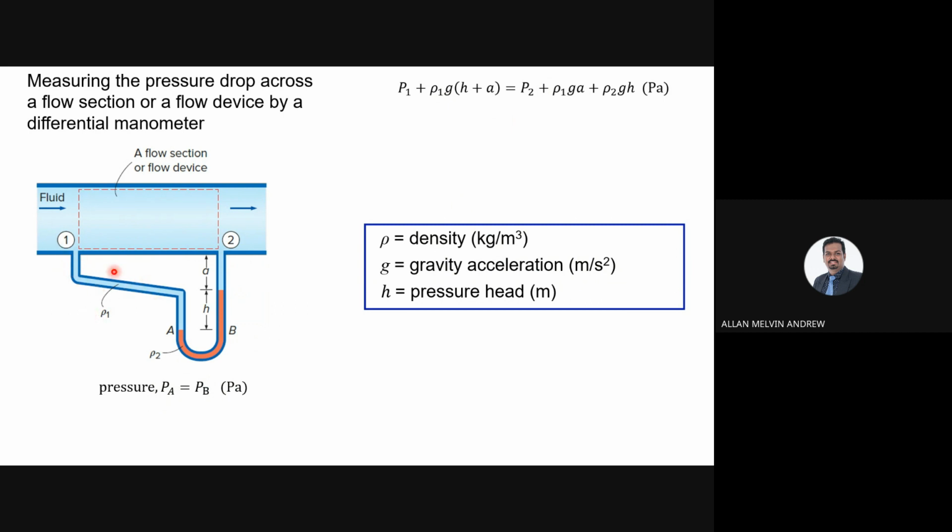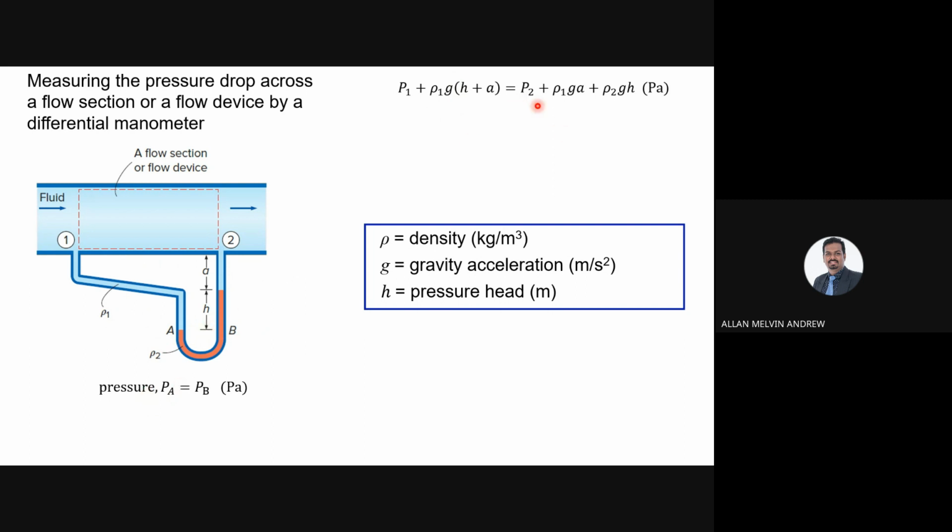Rho 1 g, times the distance, which is A plus H, or H plus A. So PA equals P1 plus rho 1 g times (H plus A). Now we find PB.